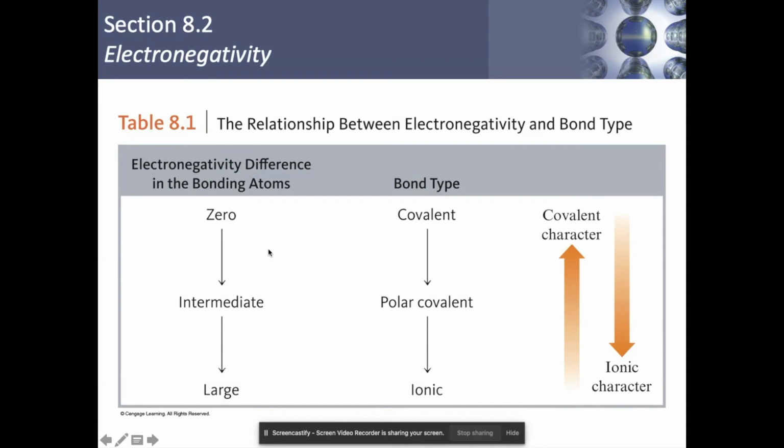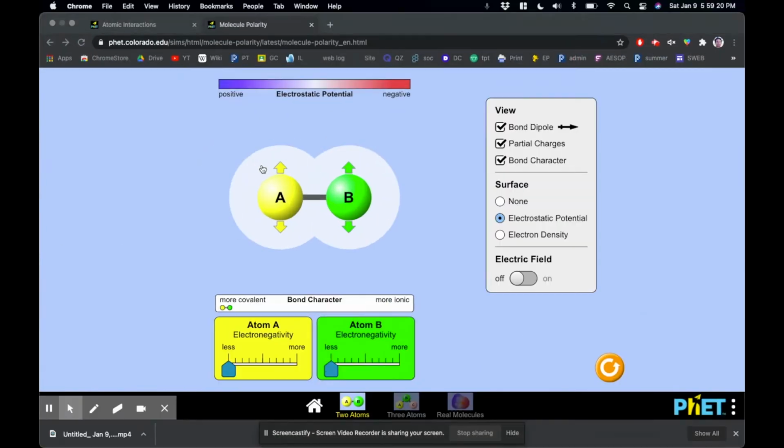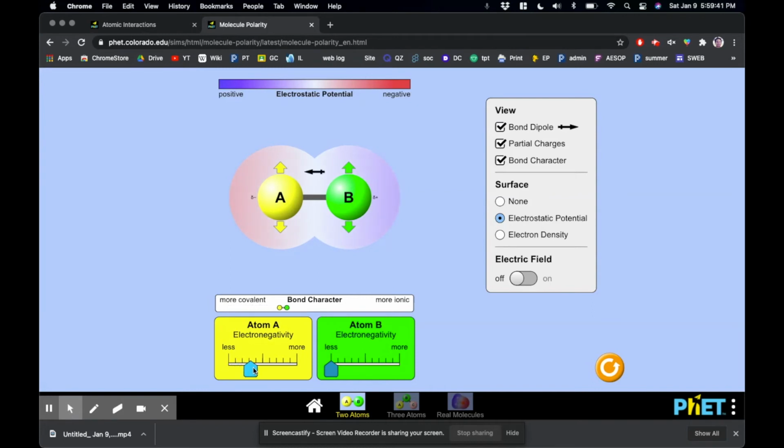And again, there's a really good PhET simulation. I love PhET simulations that kind of show that. So right here, you can see that we have a sliding scale of more covalent and more ionic. Well, look, the electronegativity of both of these is exactly the same. But look what happens when I start to move and make atom A be more electronegative.